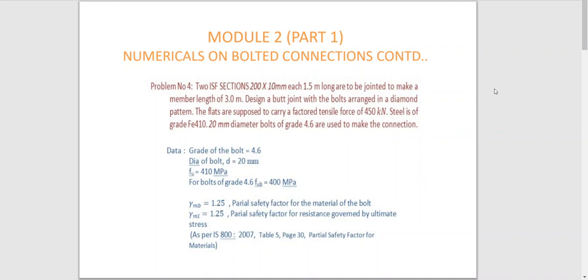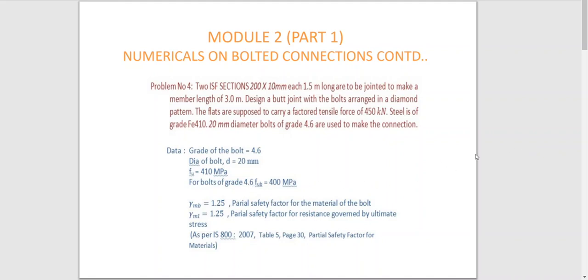Again, in the solution part, the first step is to write down the given data. The grade of the bolt is given as 4.6, and the diameter of the bolt is 20 mm. The ultimate tensile stress for the plate is 410, and for the bolts it is 400 MPa, as the grade is 4.6.